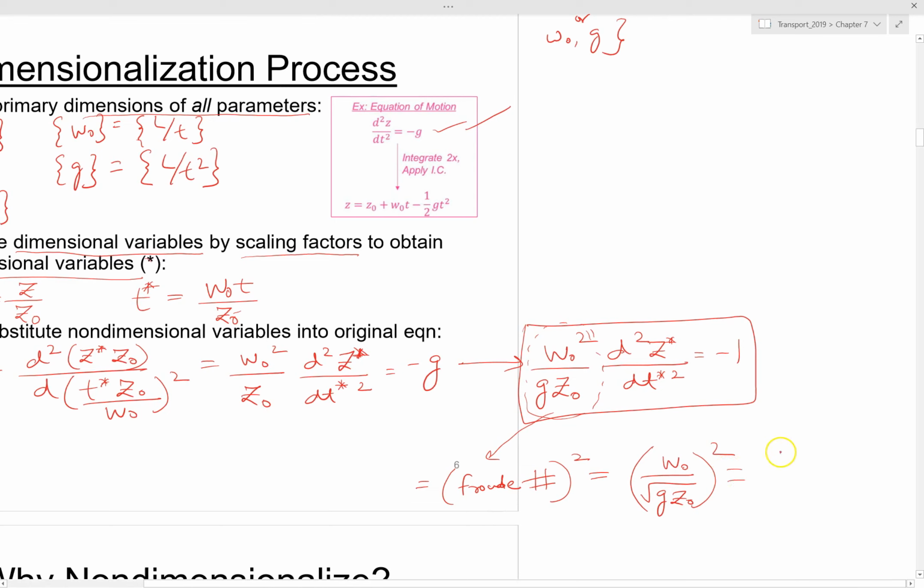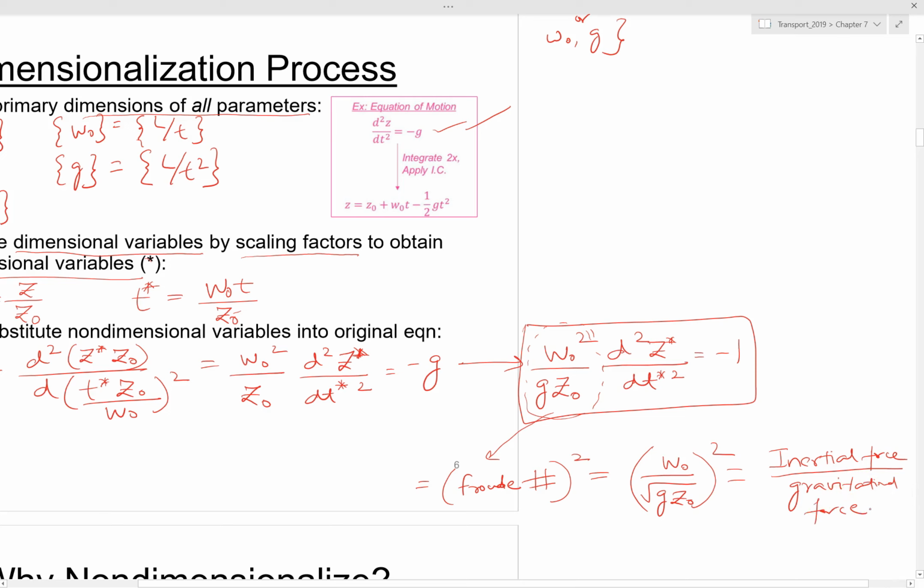It gives you the ratio of inertial force to gravitational force.